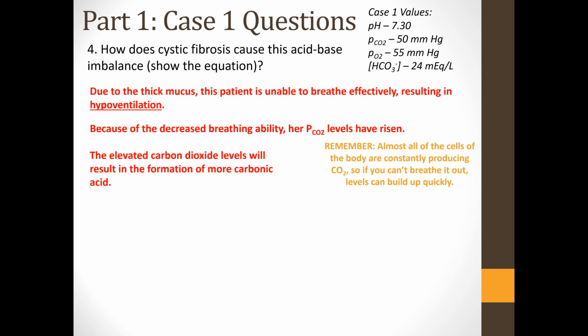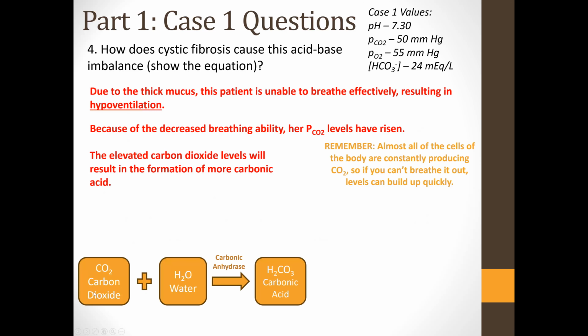So the elevated carbon dioxide levels will result in the formation of additional carbonic acid. If you remember, carbon dioxide combines with water, and the enzyme called carbonic anhydrase will convert those two molecules into carbonic acid. The carbonic acid then dissociates into hydrogen ions and bicarbonate ions.